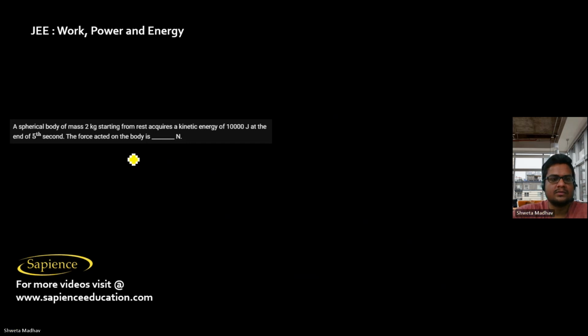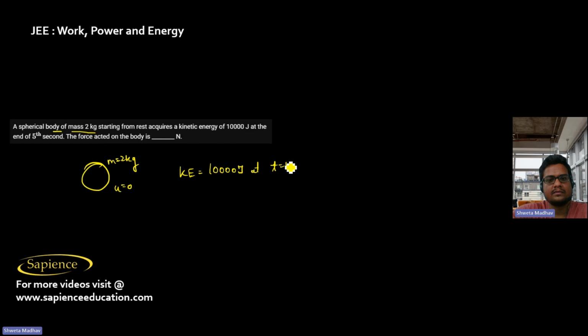A spherical body of mass 2 kg starting from rest acquires a kinetic energy of 10,000 joule at the end of 5th second. The force acted on the body is, a spherical body is there of mass 2 kg. It starts from rest, u equal to 0, and acquires a kinetic energy equal to 10,000 joule at the end of 5th second, at t equal to 5 seconds.